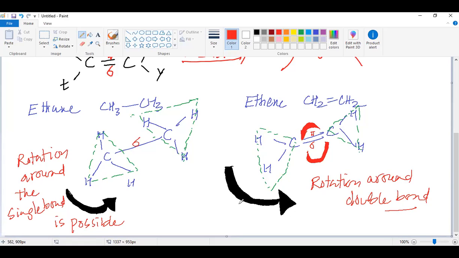No idea? When we try to rotate this cloud of the pi bond, which is available above and under the plane, due to the pi bond cloud, rotation around a double bond is not possible.